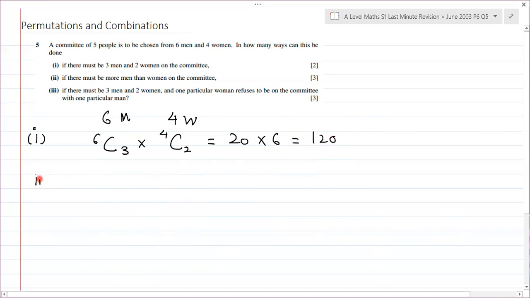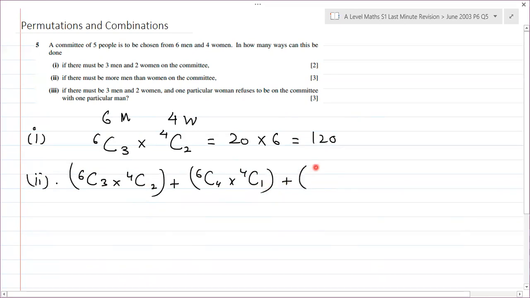Now part 2. Part 2 is if there must be more men than women in the committee. So that's going to be 6C3 into 4C2, or the other option we can have, 6C4 into 4C1, and we can have all of the men and no women, 4C0.